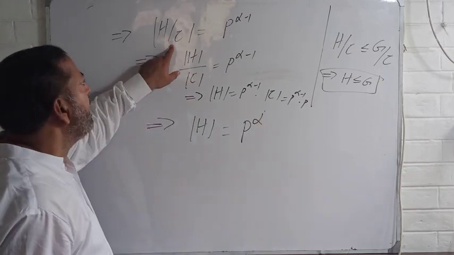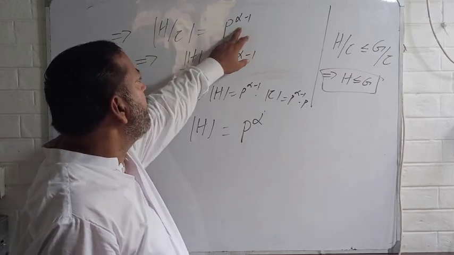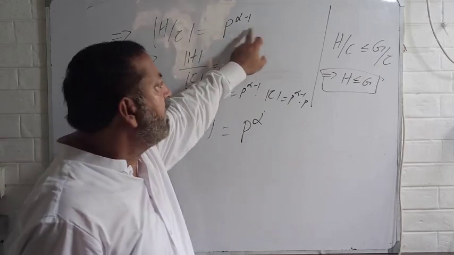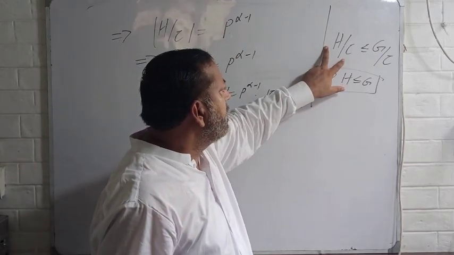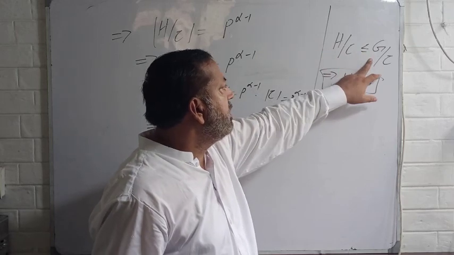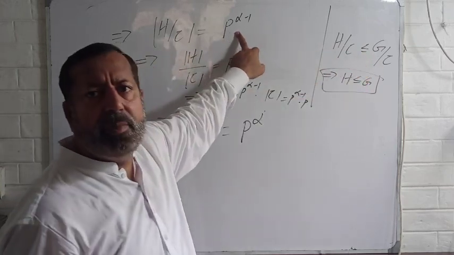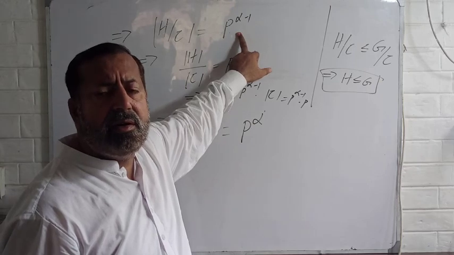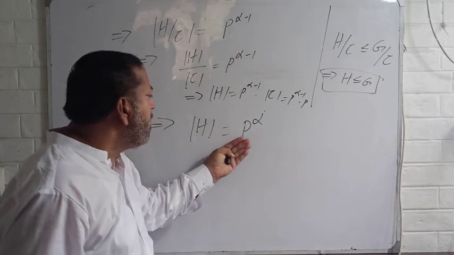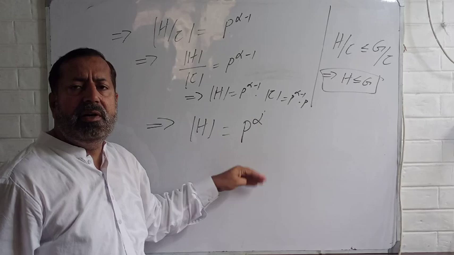Also note that the order of H by C is P power alpha minus 1. So P power alpha minus 1 divides the order of G by C, but no higher power of P divides it. That is, no higher power of P power alpha divides the order of G.